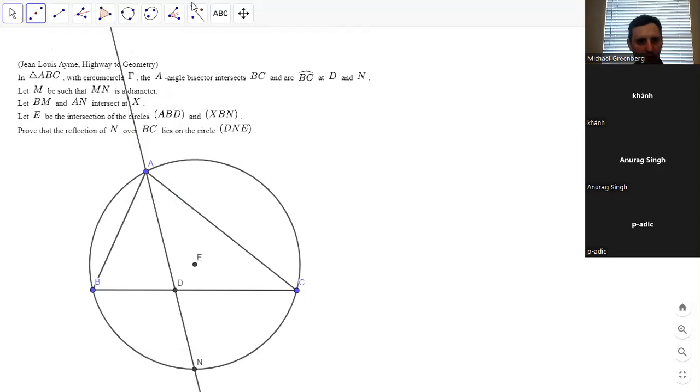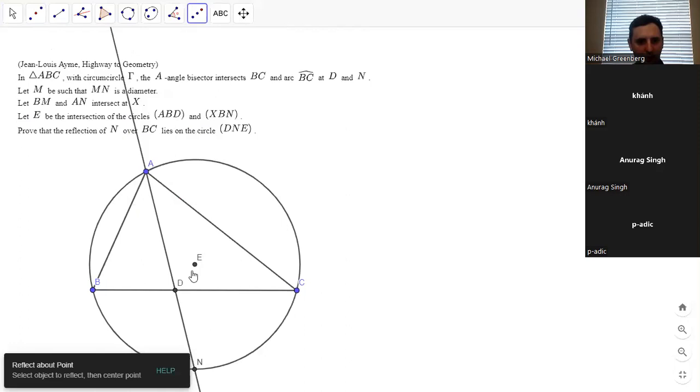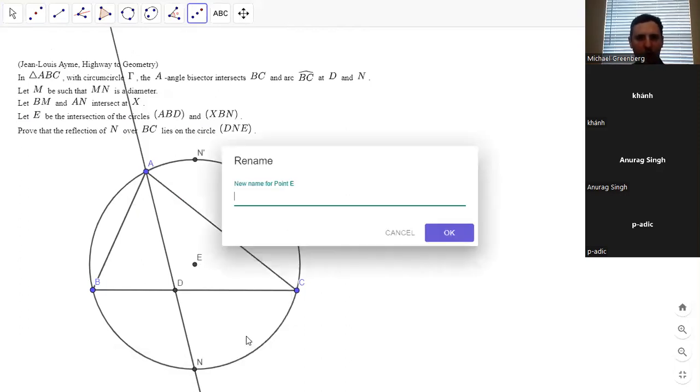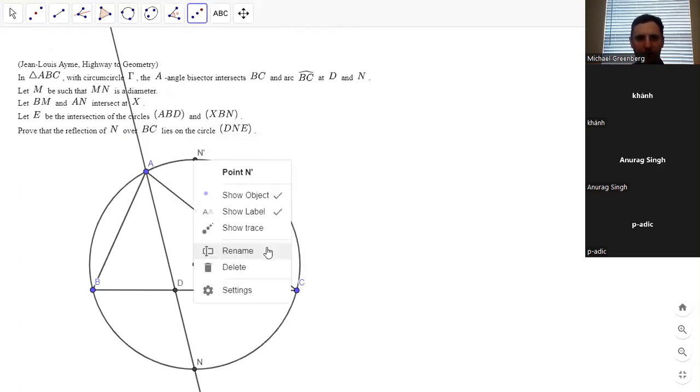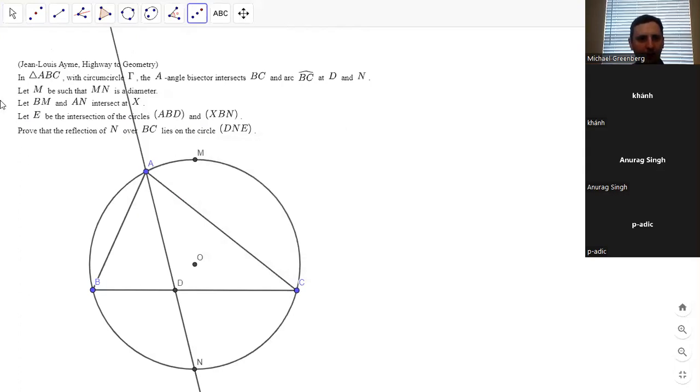And I'm going to reflect N across that point to get point M. I'll call this O, and I'll call that M. So MAN is a right angle, obviously. BM and AN intersect at X. So that's X.